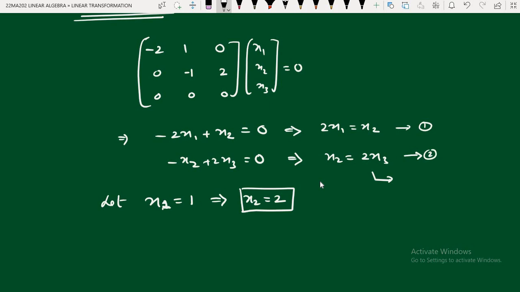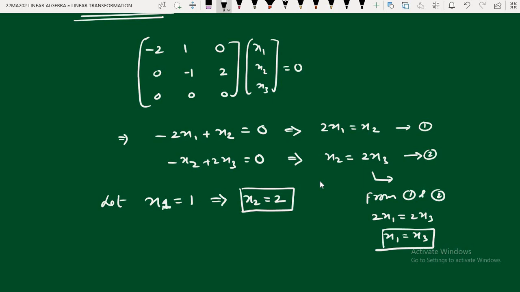Or simply you can use these two equations. From 1 and 2, 2x1 equal to x2 and x2 equal to 2x3. Both are equal to x2, so from 1 and 2 we get 2x1 equal to 2x3. The 2 gets cancelled, therefore x1 equal to x3. This relation we are going to get. Now fix x1, which I fixed as 1 here.